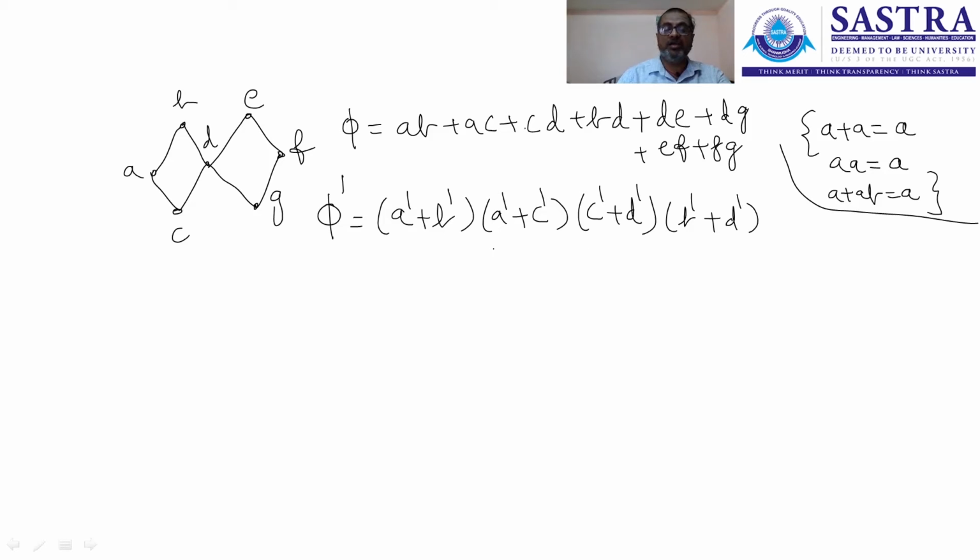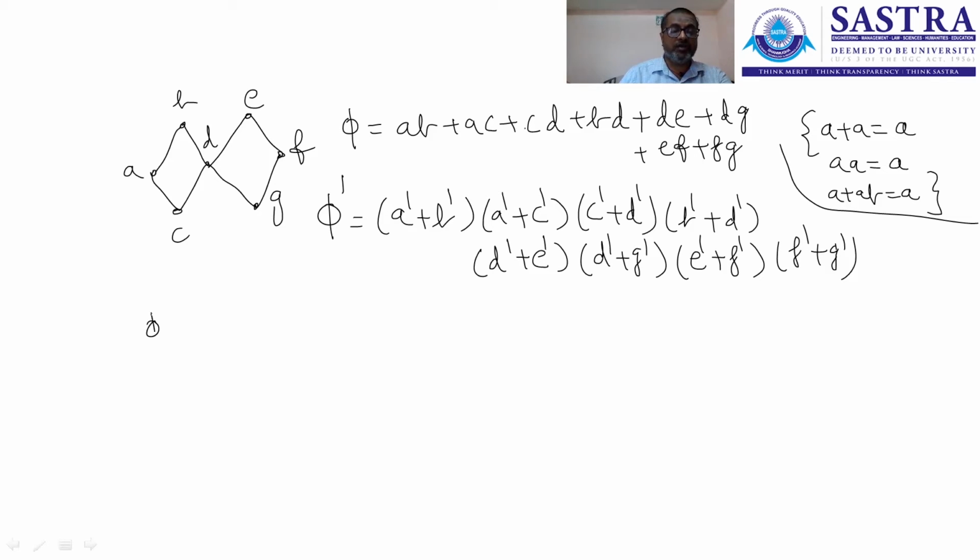And then multiplied by D dash plus E dash and D dash plus G dash, E dash plus F dash and F dash plus G dash. Now I will multiply the first two. I will have A dash plus A dash B dash plus A dash C dash plus B dash C dash.